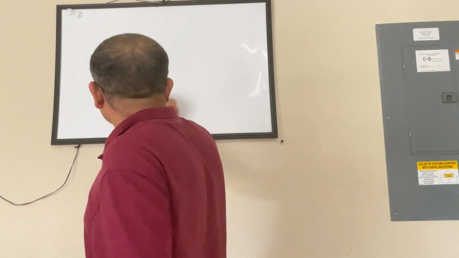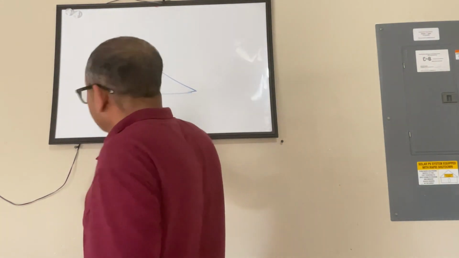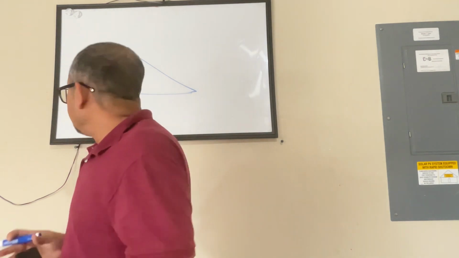So remember one thing in mind. The Pythagorean theorem holds true only for right angle triangles. We don't talk about the Pythagorean theorem for any other triangle. Whenever we are dealing with a right angle triangle, only then does this come into play. Now let's say you have a situation.